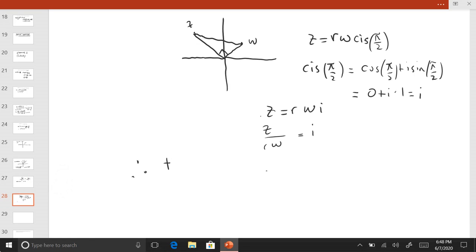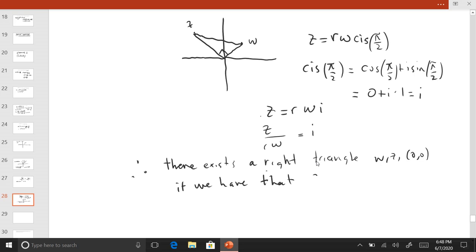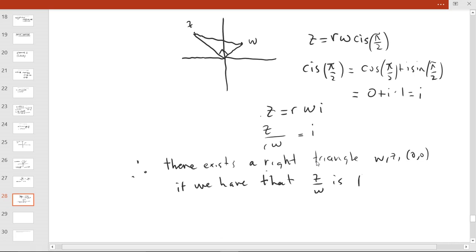So there exists a right triangle with vertices w, z, and the origin if we have that the ratio z over w is purely imaginary. And this comes up a lot in competitions too, so it's worthwhile remembering and knowing how we got this rotation.